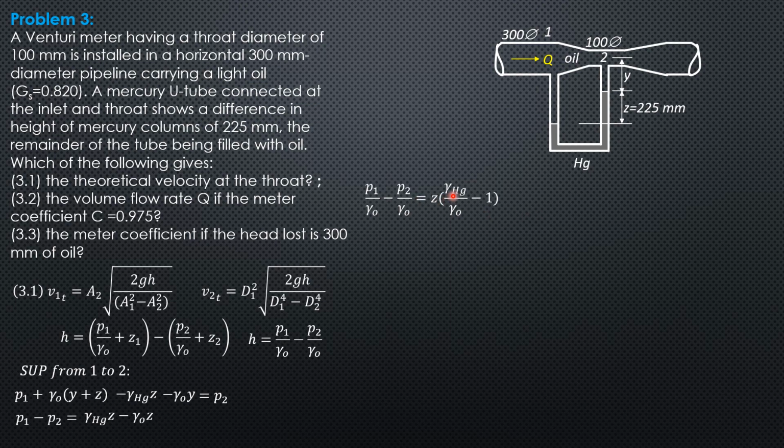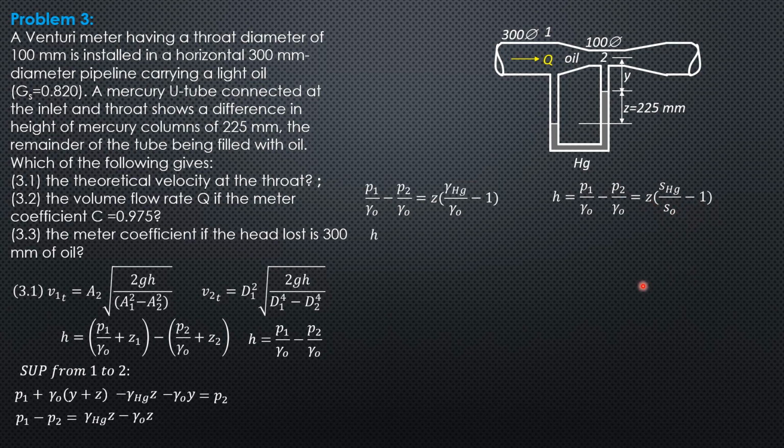Since gamma of mercury is 13.6, the specific gravity, times gamma of water, and gamma of oil is specific gravity of oil times gamma of water, we can cancel the specific weight of water. So the equation for h reduces to Z times quantity specific gravity of mercury over specific gravity of oil minus 1.